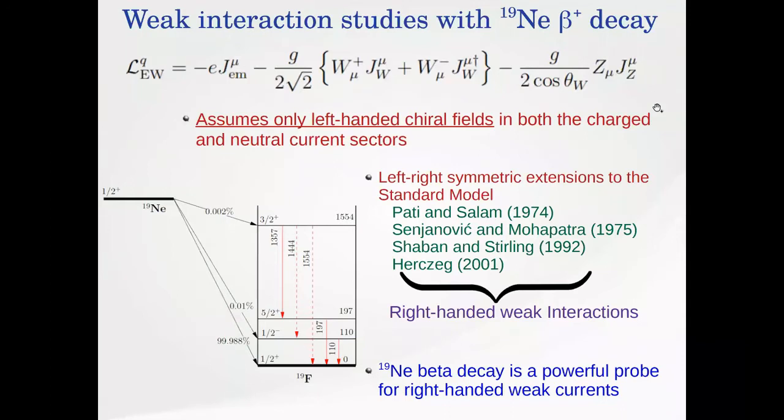However, during the early 70s, Jogesh Pati and Salam did some research, and they found that it's possible that this maximal parity violation, this left-handed nature of weak interactions, could be a low energy limit of a more fundamental theory, which allows you to have left-right symmetric extensions. So there are right-handed currents, there are right-handed neutrinos, you just haven't seen them yet. These have been extended in subsequent work by these authors.